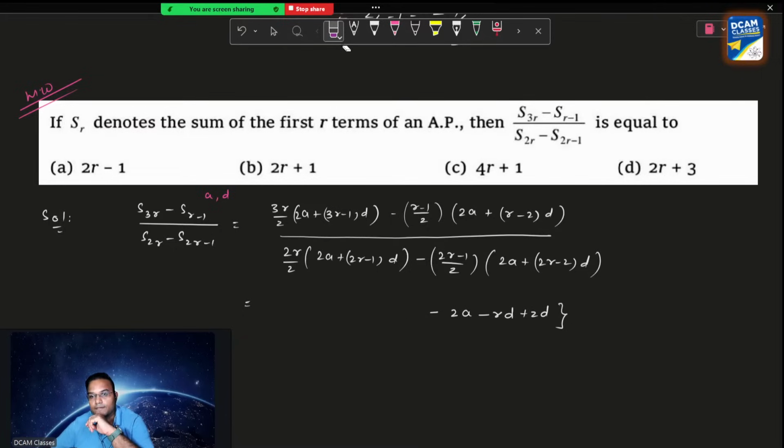Not like this. What I will do now, if the answer is coming only in terms of R, I'll take both the terms of A and D. A into 3R minus R minus 1 by 2 into 2, means A into 3R minus of R minus 1, that is 3R minus R minus 1.